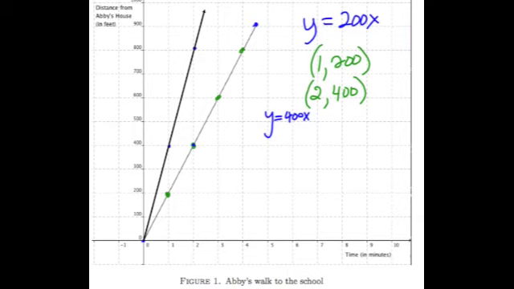800 feet. Wait, that'd be starting from 600. I don't know. Is it supposed to start from 600? Because he lives 600 feet away from the school. Okay. 300. Abby lives 900 feet away from the school. Sure.